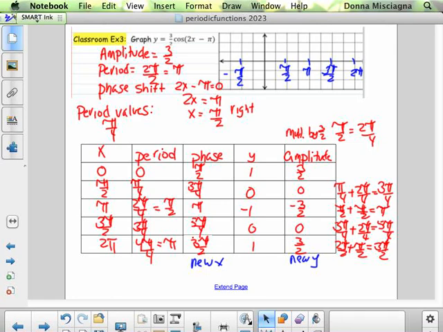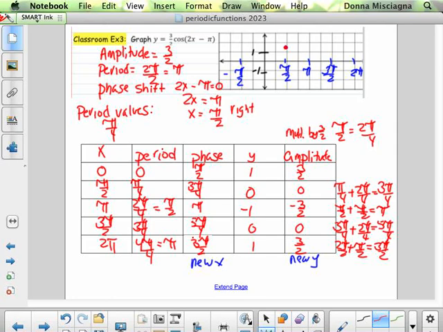Oh, let's label one other thing. Let's just make this 1, negative 1. All right, so pi halves, 3 halves. So that's going to be right here, 1.5. I'm going to use a different color.